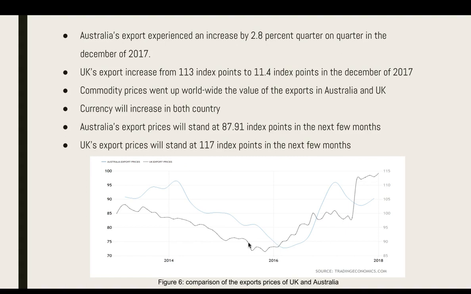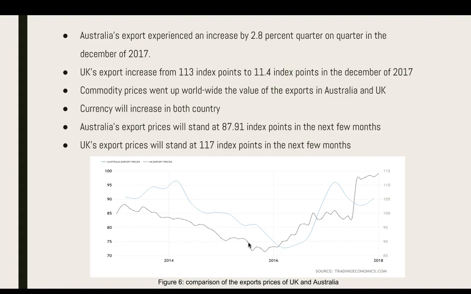In December of 2017, Australian export experienced an increase of 2.8% quarter-on-quarter, following a contraction of 2% in the previous quarter. In December of 2017, UK export experienced an increase from 113 index points to 114.20 index points. As we can see from figure 6, the commodity price went up along with the value of the export in Australia and the UK.